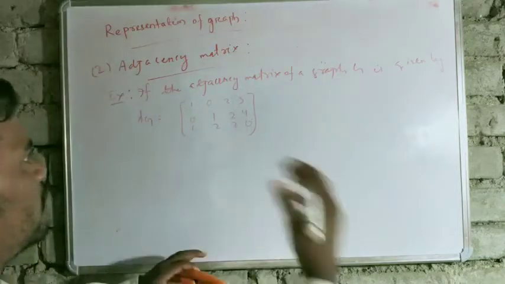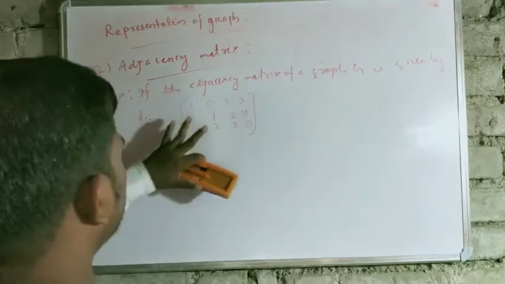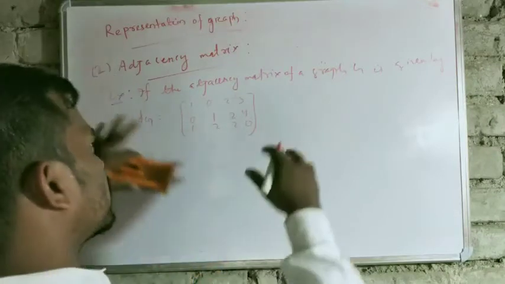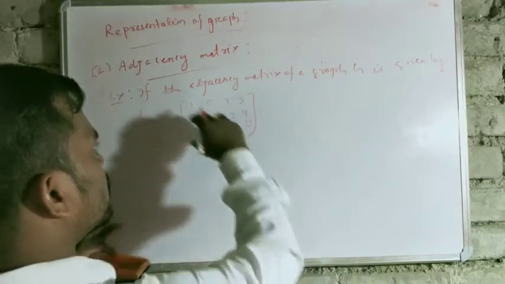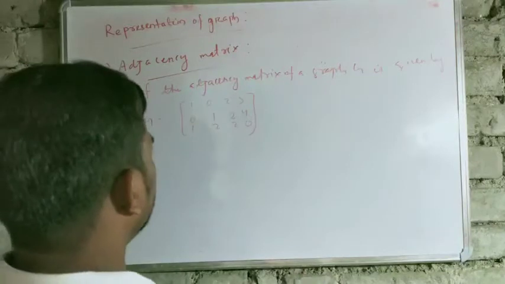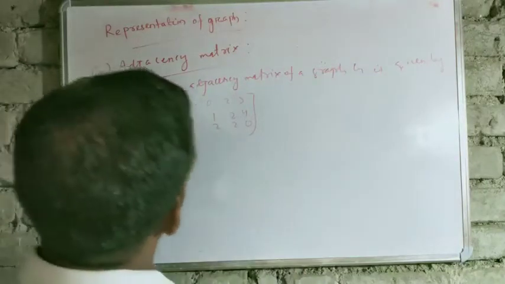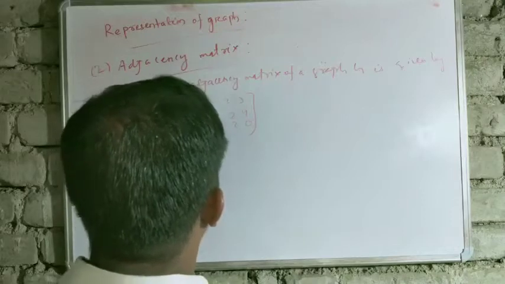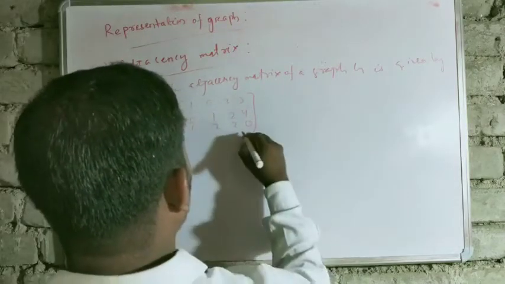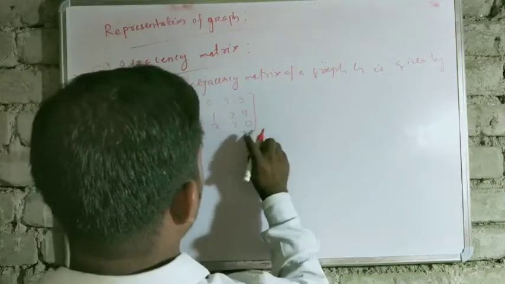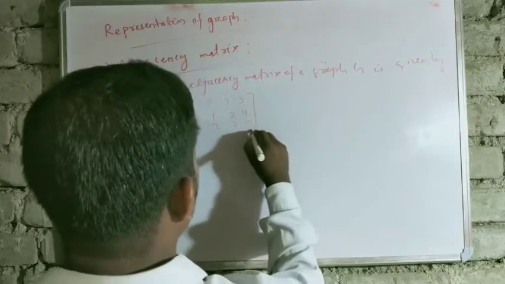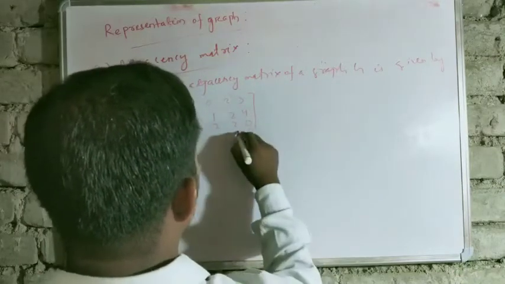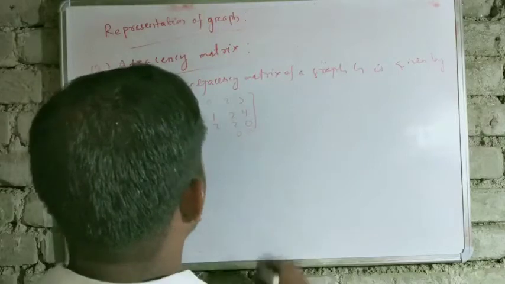We cannot take these things, because what we are getting, the adjacency matrix, is a symmetric matrix, so you have to take a symmetric matrix here. Here this is 0, so this will be 0.